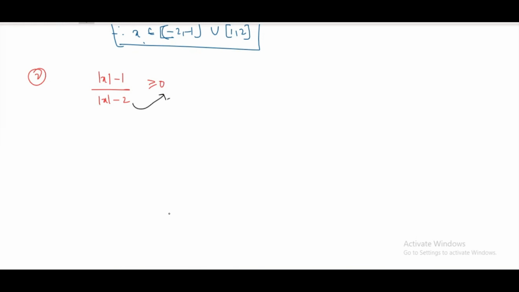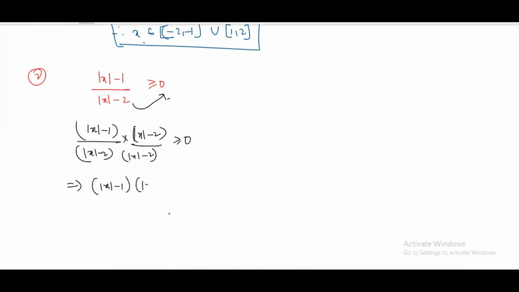So how can we convert it? Mod x minus 1 divided by mod x minus 2. I'll multiply and divide with mod x minus 2, so it is greater than or equal to 0. This will become mod x minus 1 into mod x minus 2, divided by mod x minus 2 whole square, is greater than or equal to 0.